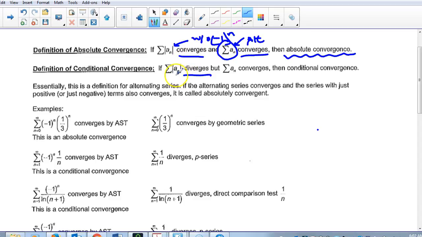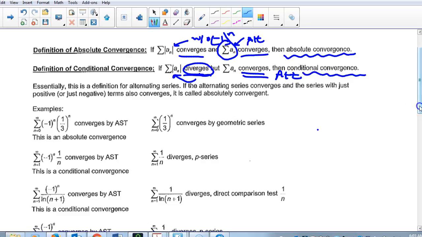So if the original converges, so that's my alternating, but without the -1 it diverges. So let's say it's, I don't know, a divergent geometric series, but with the -1 it converges, we say, well, that's conditional convergence. So without the -1 it would diverge.